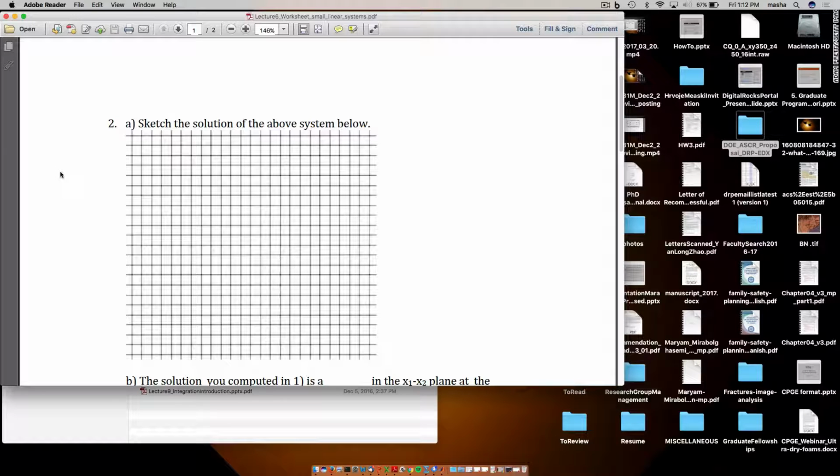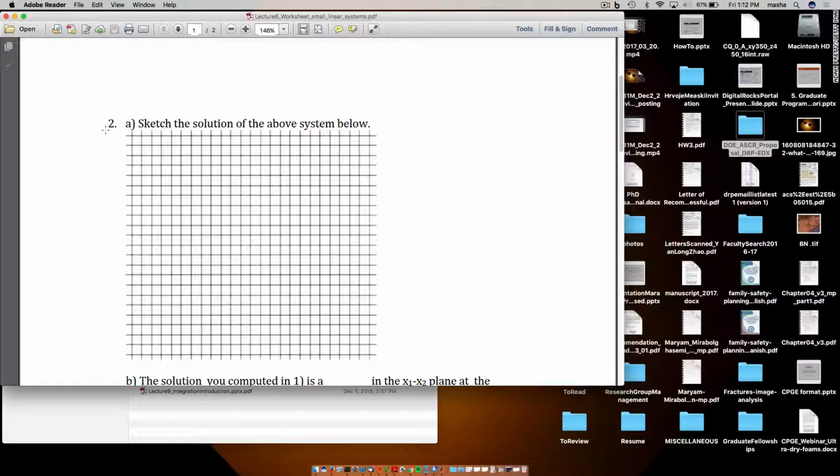And my other equation: one point is obviously this 2, 1, and another point, if I plug in, is 0 and minus 2. So somewhere here. So I'll have something like this.